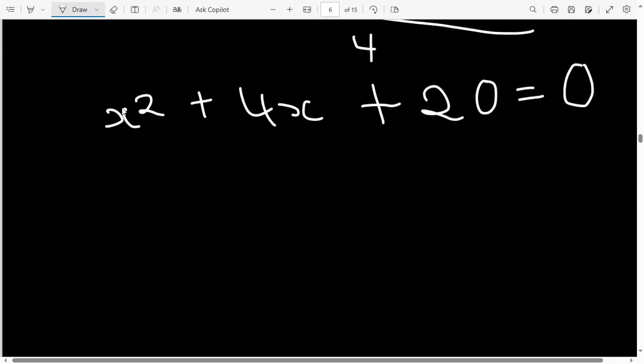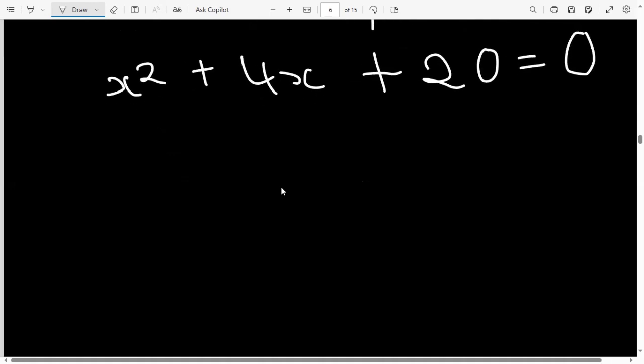Okay, so can we find factors for this quadratic equation here? Let's try. What numbers can we multiply to give us 20, and when we subtract, they give us 4? So I don't think there are any factors here. If there are no factors, we can use the formula method.